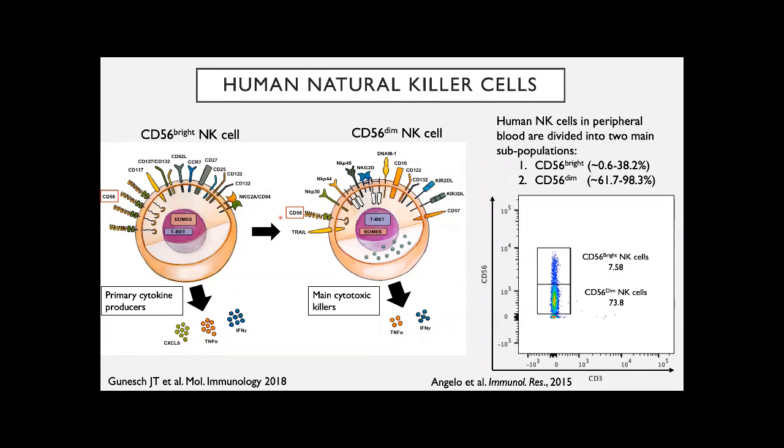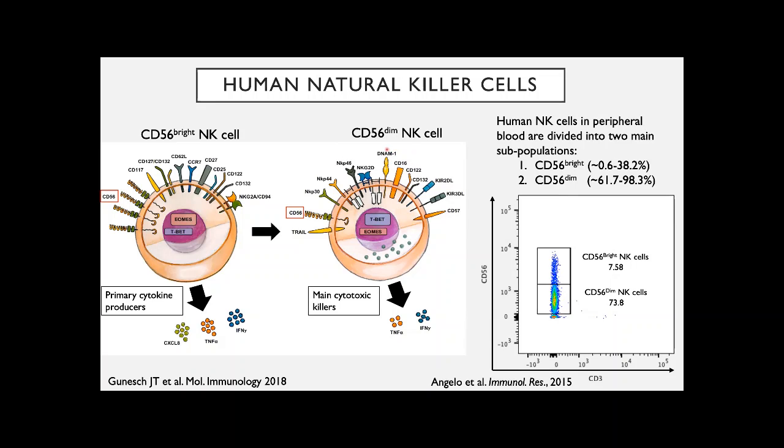In comparison, when we look at the CD56 dim subset, this is the majority of cells in peripheral blood, again marked by the lower density of CD56. And these cells also express other markers that are associated with NK cell maturation. So these include the KIRs, or killer immunoglobulin-like receptors. They express CD16, which is the Fc receptor, which enables these cells to perform antibody-dependent cellular cytotoxicity.